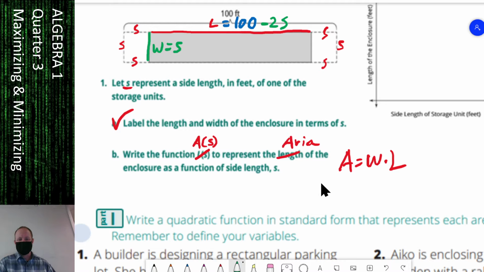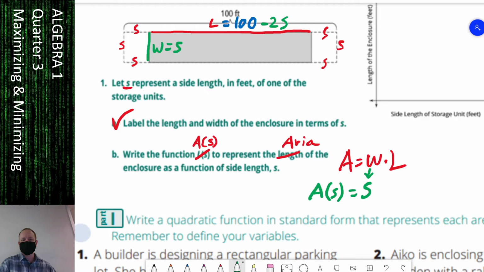We want area, but not just area, because we want area as a function of the side. And the width here, we can say that the width of the enclosure is going to be the same as one of the side lengths of our storage area. So we can just say, we plug in S there.